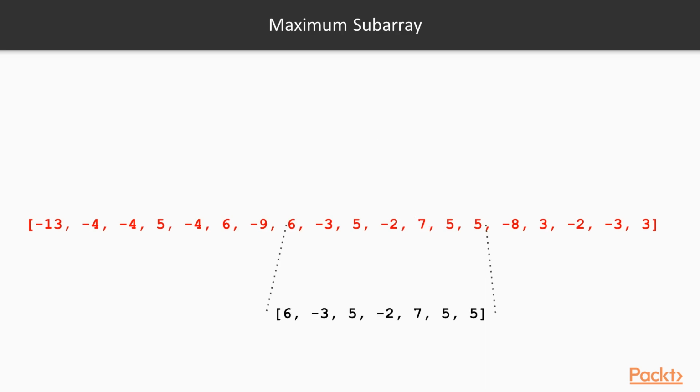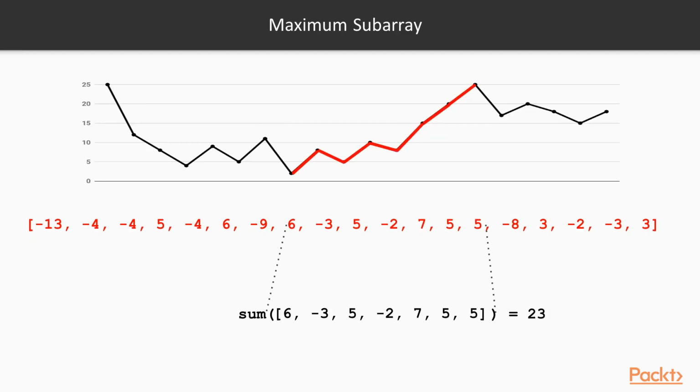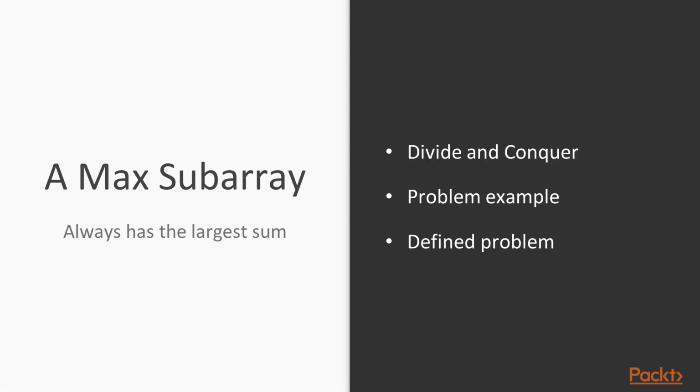This particular one is the maximum subarray, as you cannot find any other that has a larger sum. It is equivalent to the maximum increase in temperature shown in the chart. Solving this problem will help Bob decide if he should bother with crop farming or not. Basically, a maximum subarray always has the largest sum.